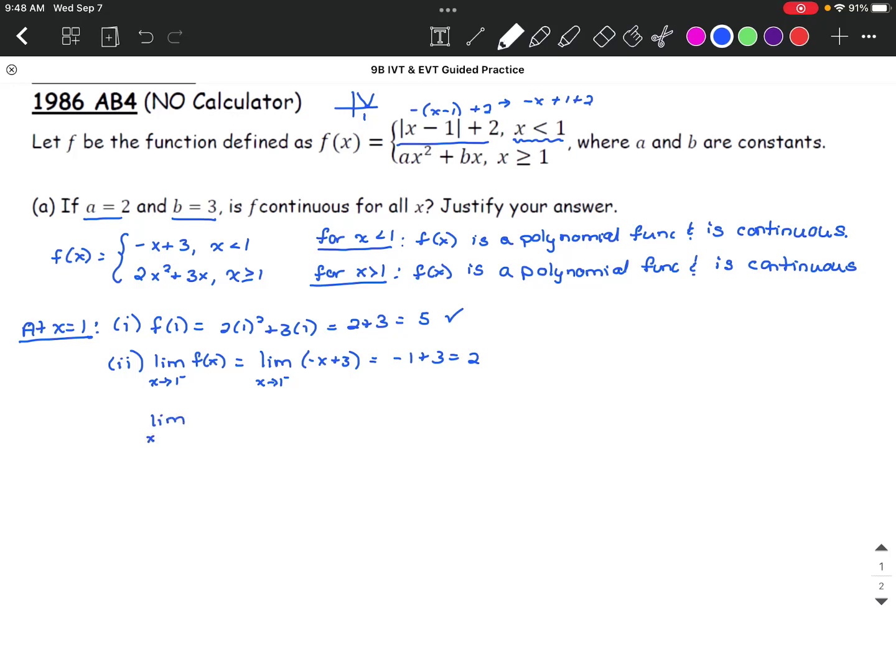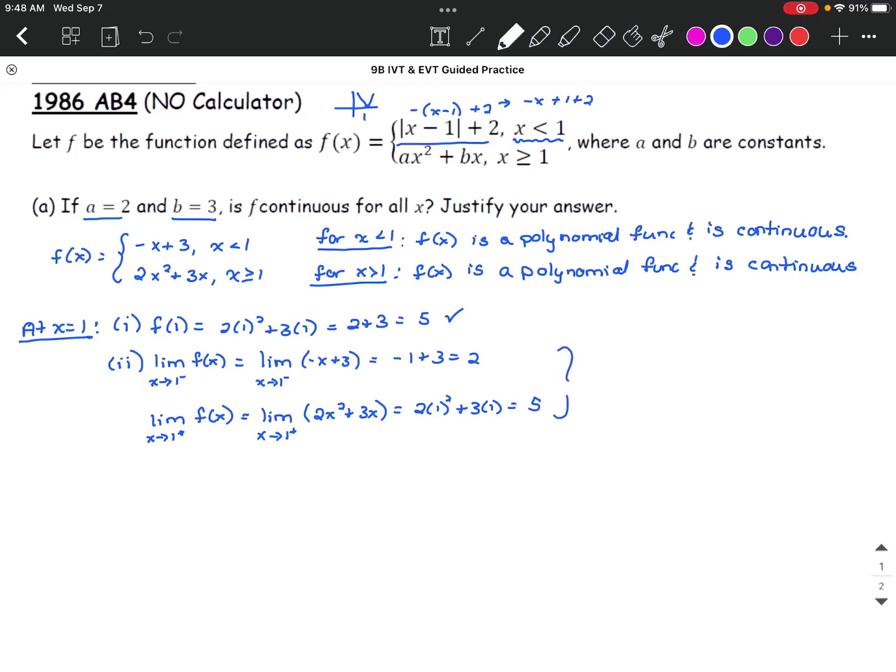If I do the limit as x heads to 1 from the right of f of x, those x values are bigger than 1, so we're on the bottom piece of the function, 2x squared plus 3x, and when we substitute 2 times 1 squared plus 3 times 1, we're going to get 5.